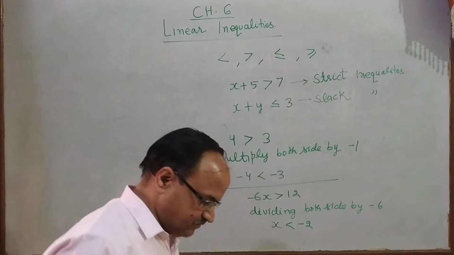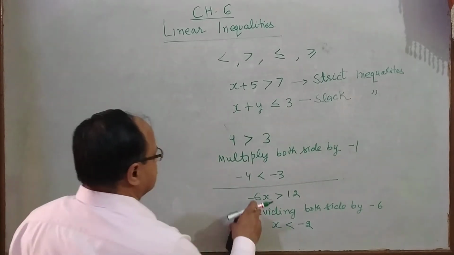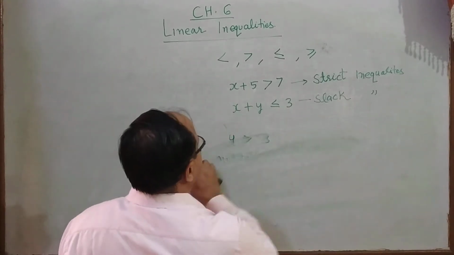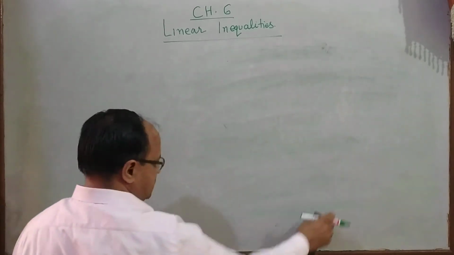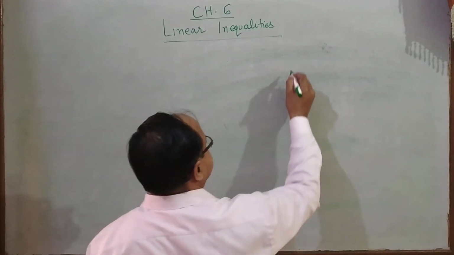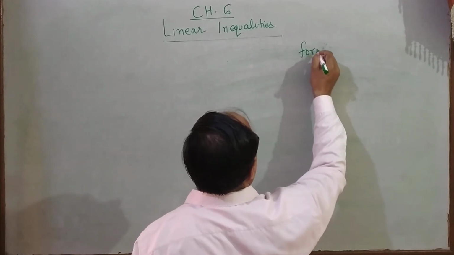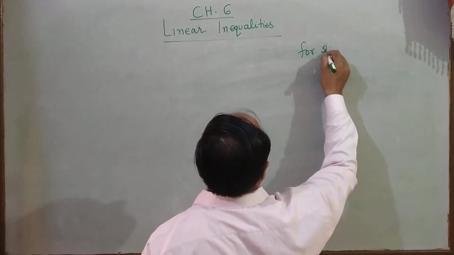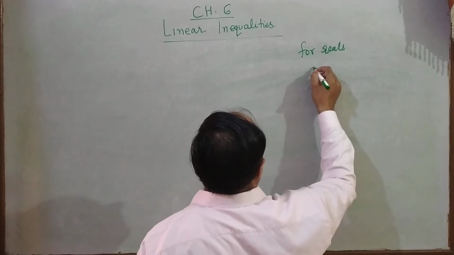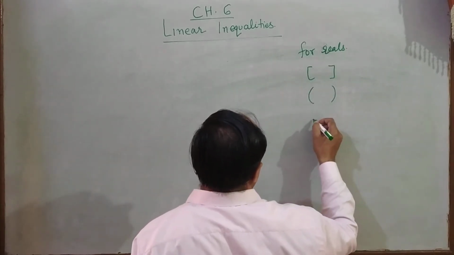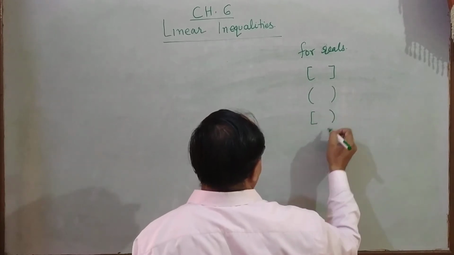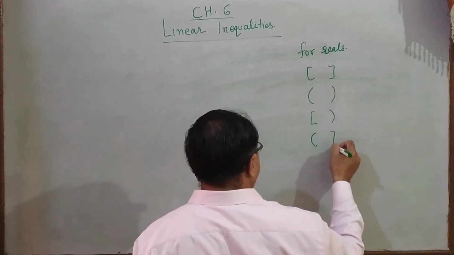Now, which type of brackets do we use in this chapter? For reals, if you want to write your solution for the reals, you can use this bracket, this bracket, this bracket, or this bracket.